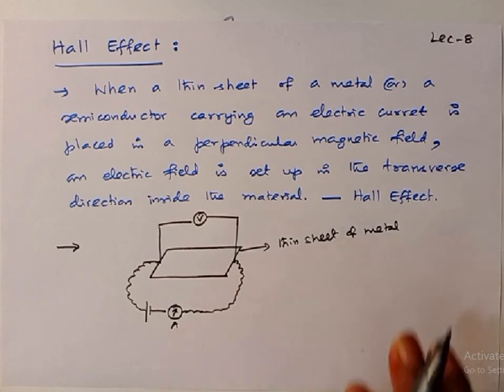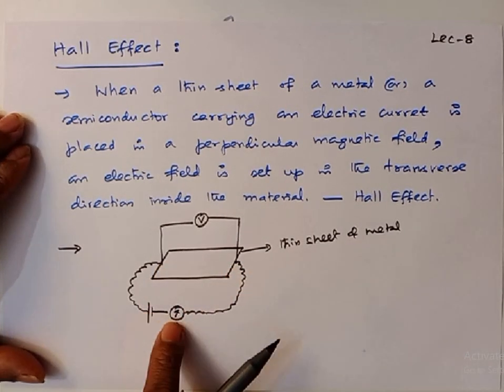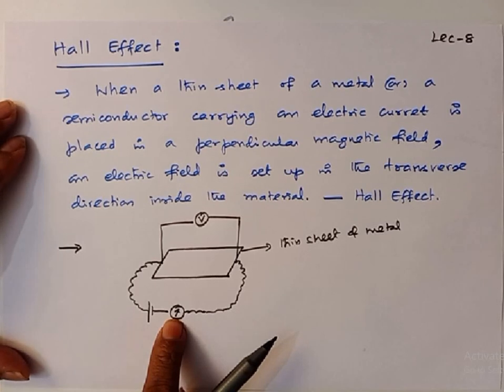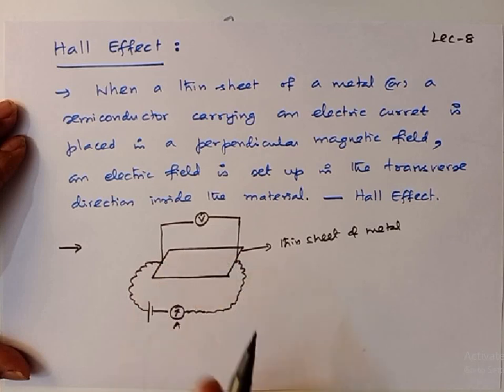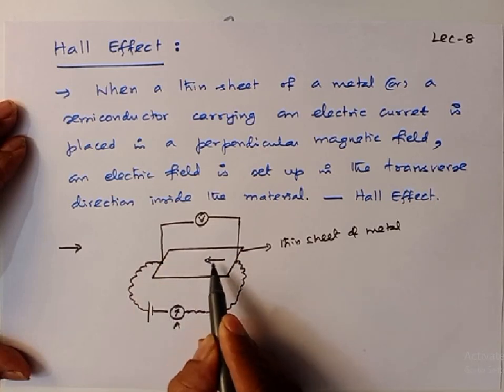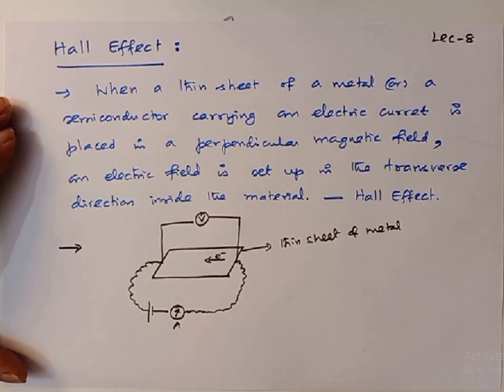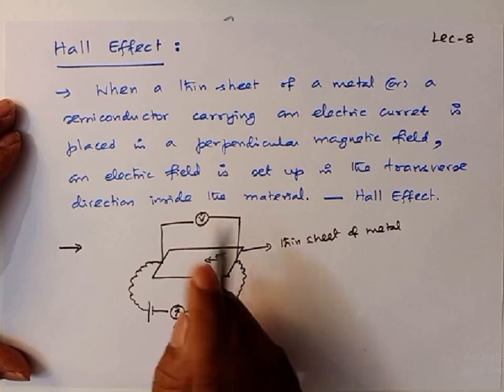You take a thin sheet of metal and connect the two ends with a battery through an ammeter. If I switch on the battery, some current will flow. You know very well the electrons will flow in this direction, and you'll get some voltage also. This is the longitudinal voltage.